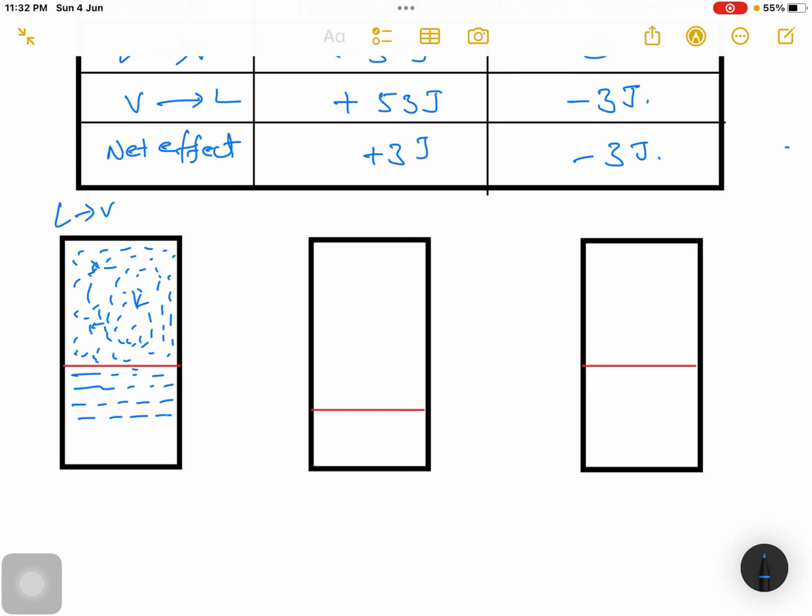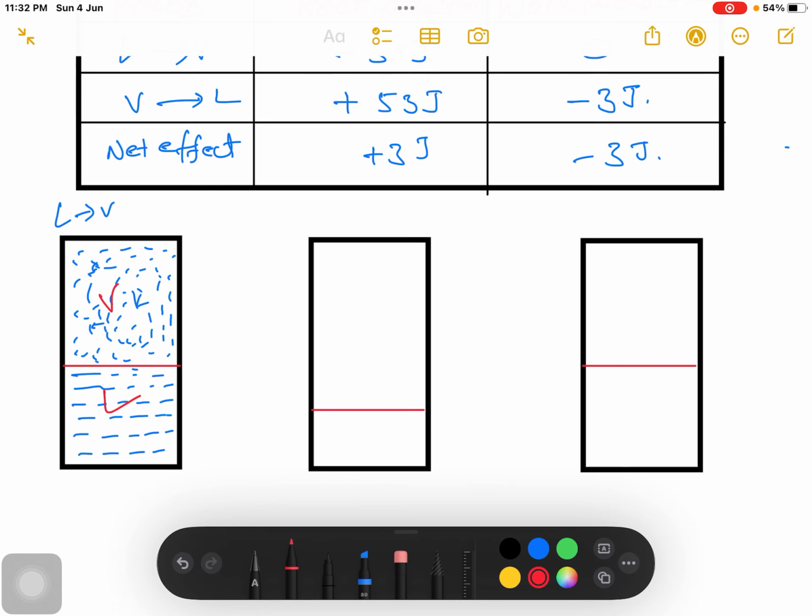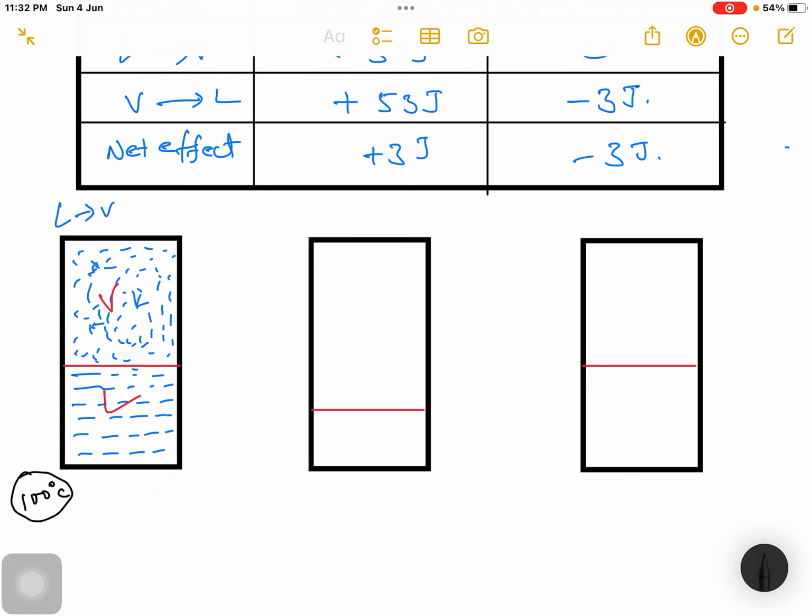Here it is extracting a heat of 50 joules and we are connecting a device of refrigerator which is consuming 0.001 joule of energy and the total heat interaction to the surrounding is 50.001 joule.